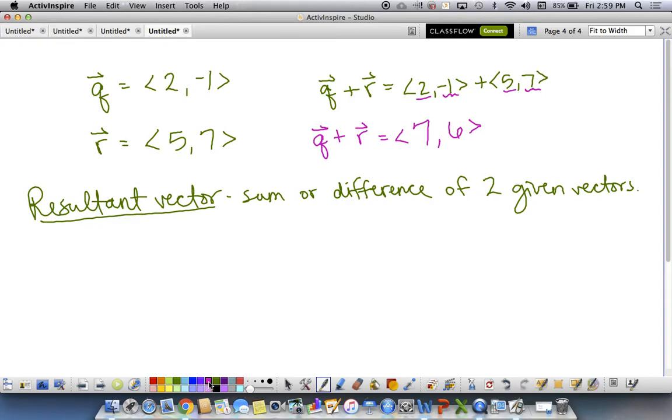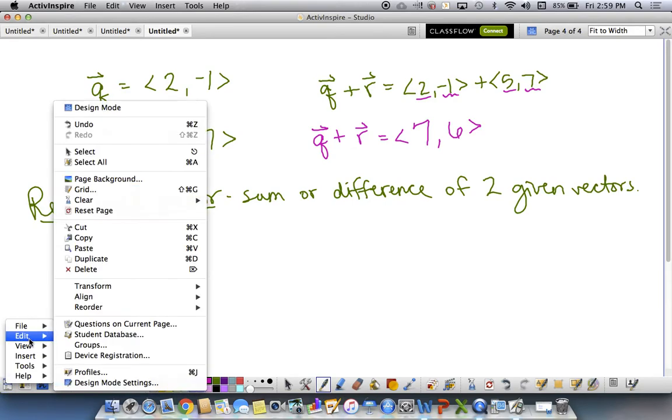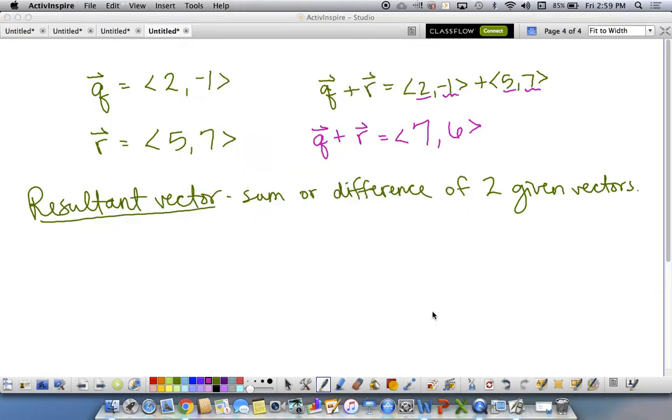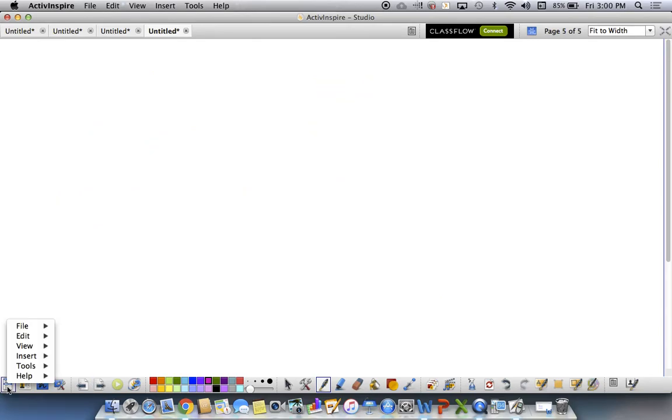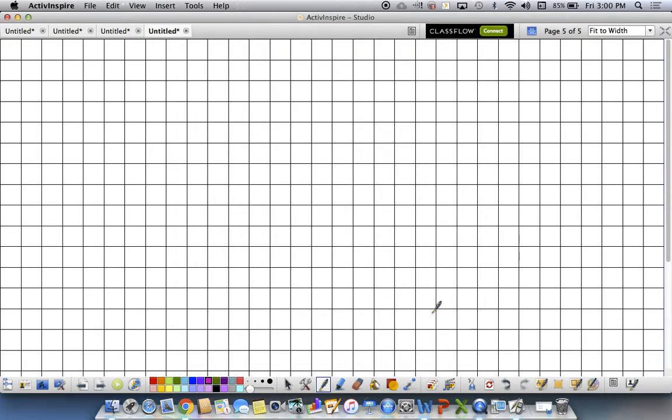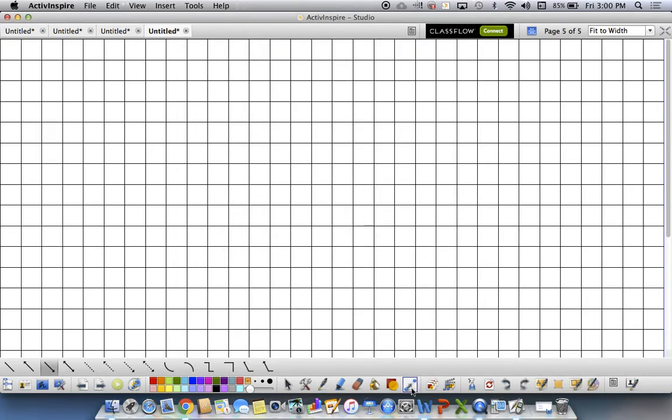Okay? If you want, we can look. Actually, it's really neat to see graphically how that works. Let's close that. I want to go to another page before I do that. So, if we have vectors, vector 2, negative 1.